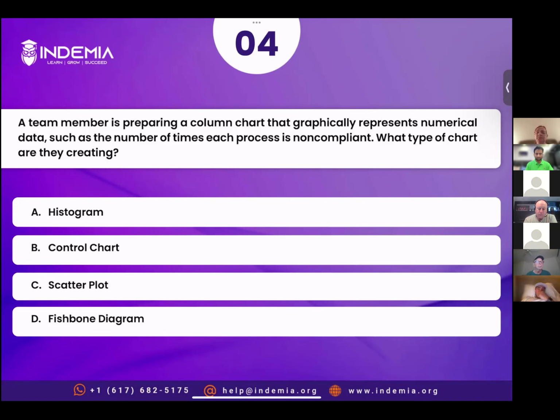The fishbone diagram is diving deep into the five whys, understanding the reason for a particular effect. And B, control chart, I'm not that familiar with, frankly. But of all the four, I can choose control chart as an option.